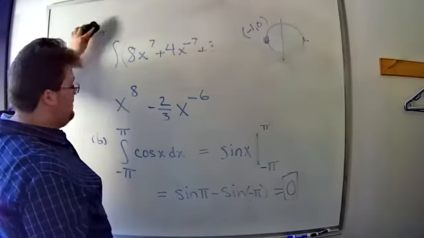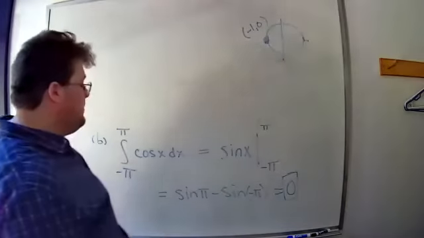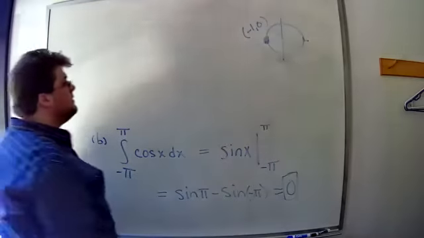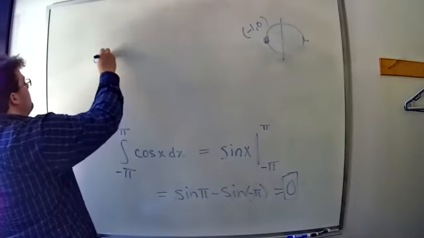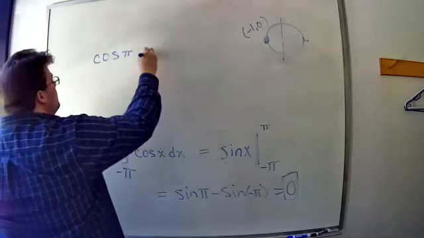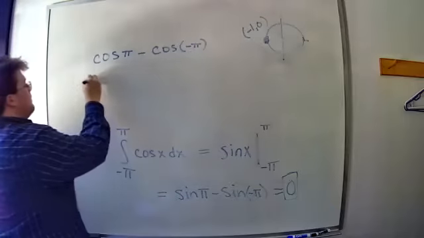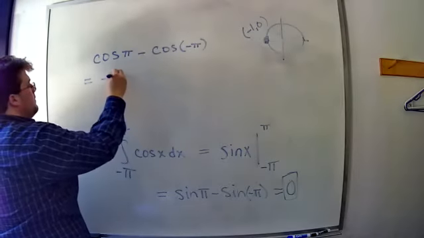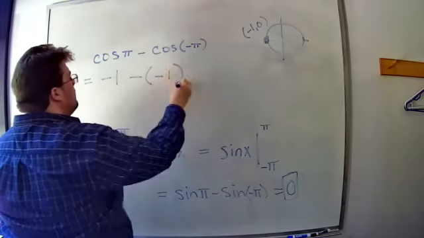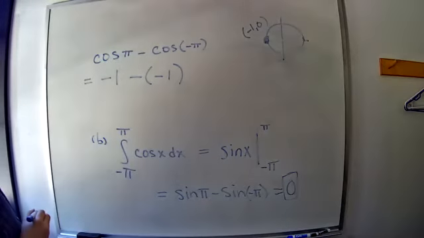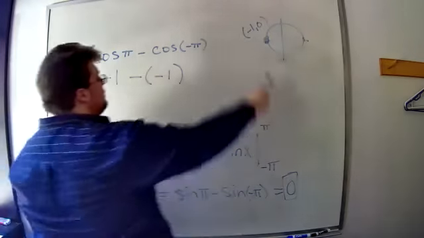I have a question. If it was cosine, like just the second value, if it was cosine of negative pi, would that be positive 1? Like, is that how that works? So the cosine of pi is negative 1.